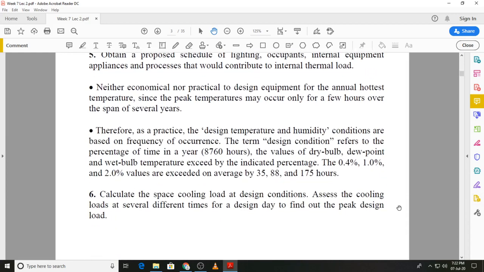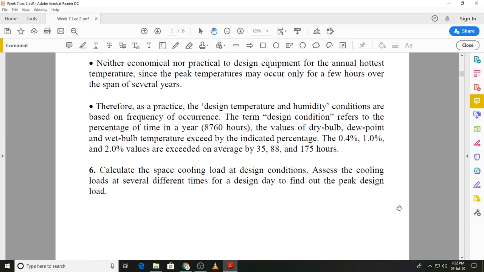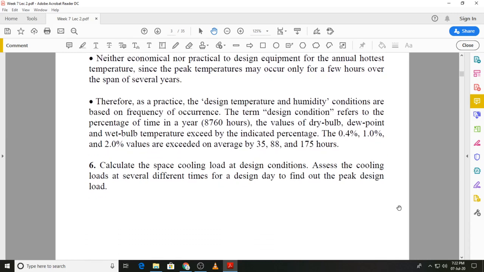Okay, when we want to select the outside design temperature, it is not practical to just focus on the maximum value that you obtained over a period of time. Normally the climatic data that we have is over several years, maybe even 10, 20 or 30 years.